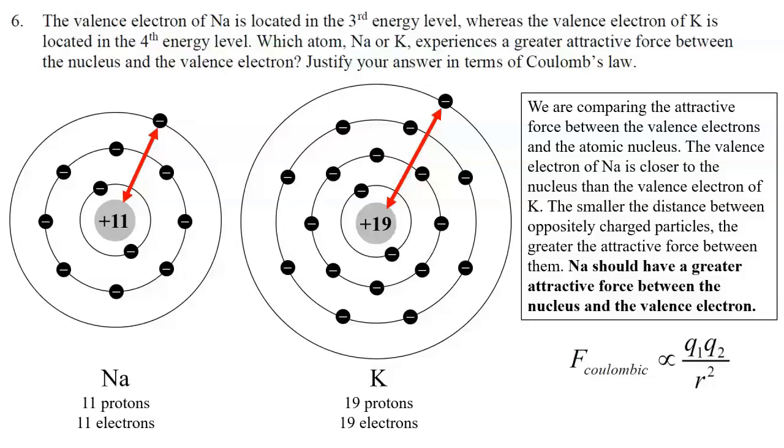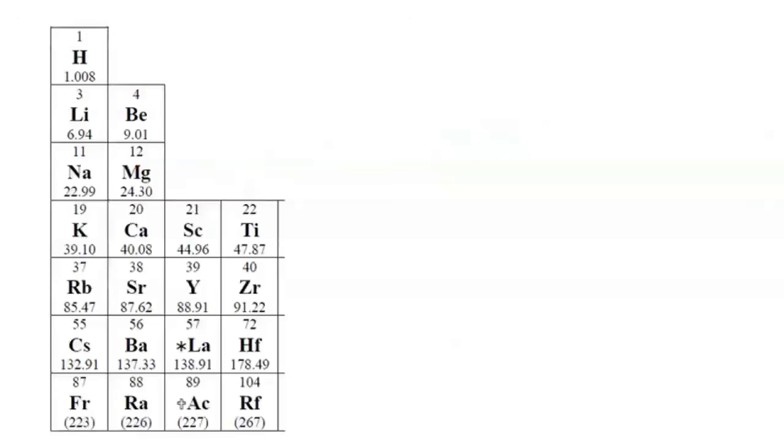So the correct answer to number 6 is that sodium should have a greater attractive force between the nucleus and the valence electron. And again, this is not about the magnitude of charge, it's about the distance between the outer electron and the nucleus. Okay, let me do a quick summary of the information that was presented in questions 5 and 6.